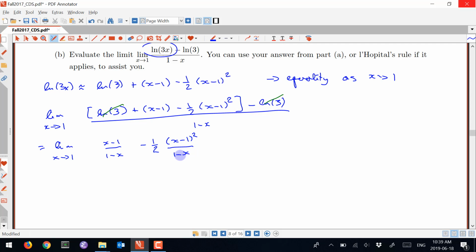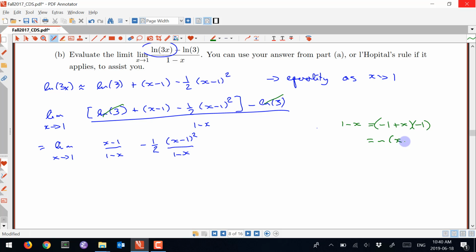Now there's a little bit of a tweak we can make here. There's a few different ways to do it. Just a little side note here. 1 minus x is the same as, if I multiply that by negative 1, negative 1 plus x, but I can't just multiply things by negative 1.